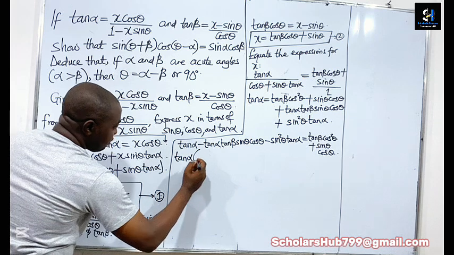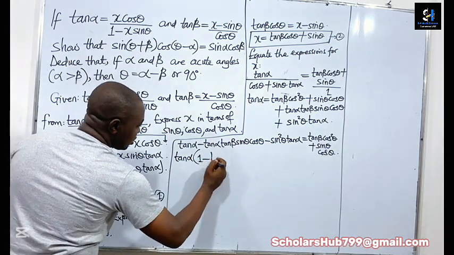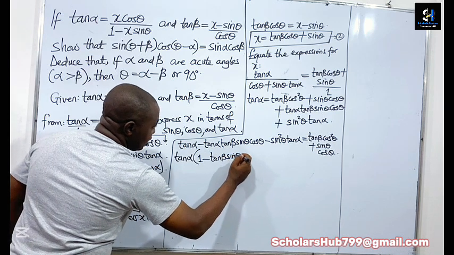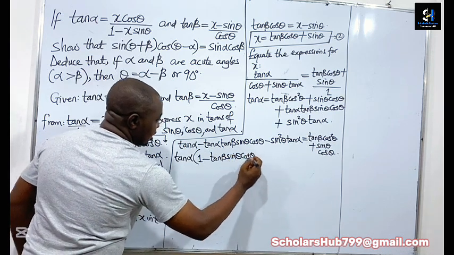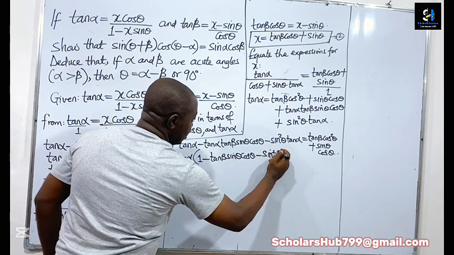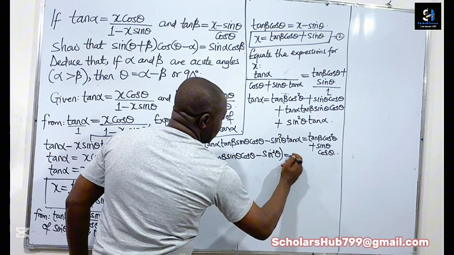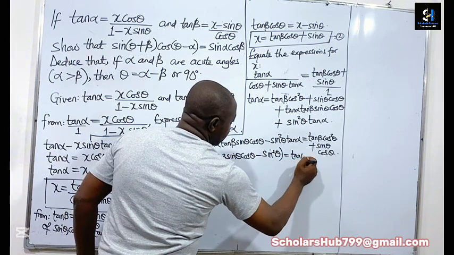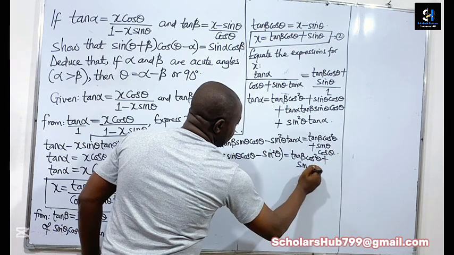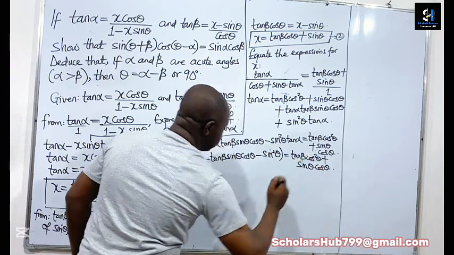So this will be tan alpha, open parenthesis, 1 minus tan beta sin theta cos theta minus sin squared theta, and that will be equals to tan beta cos squared theta plus sin theta cos theta.